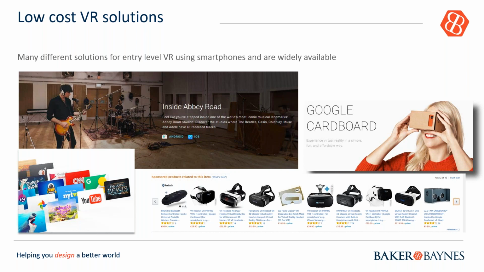It's called Inside Abbey Road, and it allows you to go into that virtual reality environment of the music studio. You can see and experience what it feels like to be in that environment. Really cool.